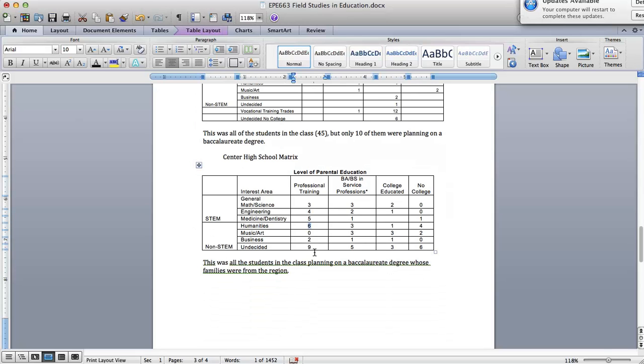If they were willing to participate, great. If not, I would go on to the next, just randomly, and likewise in the different categories. So I did not have a student from every single category. I basically had 8 students, one from each non-STEM, professional, STEM, professional, and so forth.